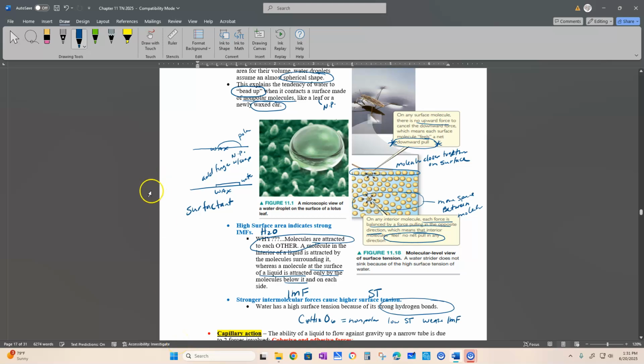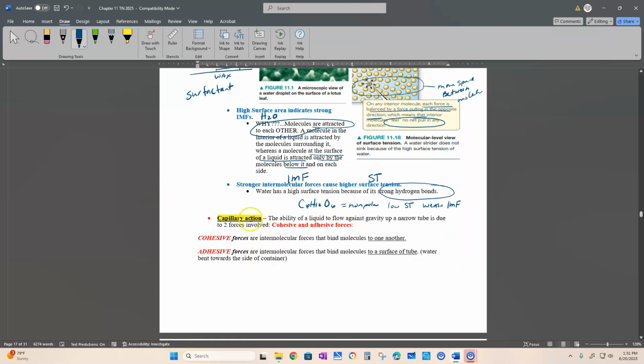Capillary action, I know you heard this probably very briefly in biology, but cohesive and adhesive. Capillary action is the ability for a liquid to rise up a tube, okay? So if I have a liquid that's in a tube and I'm trying to make it rise up a very narrow tube, we actually have what's called capillaries in our stockroom.